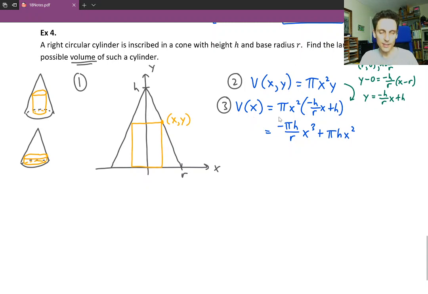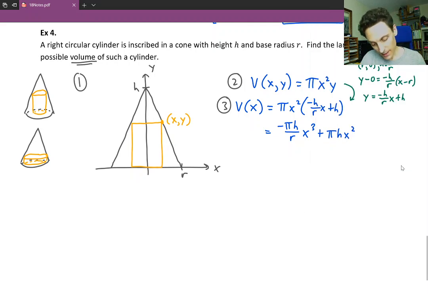Now you may go directly to the single variable function, and that's fine. But a lot of times if you break things up, you're going to end up with a two variable function, which then you can bring down to a one variable function using some kind of constraint. Like this point (x, y) is on this line. That's a constraint. Or the volume of the can is 1,000 cubic centimeters. That would be a constraint that you can set up an equation for.